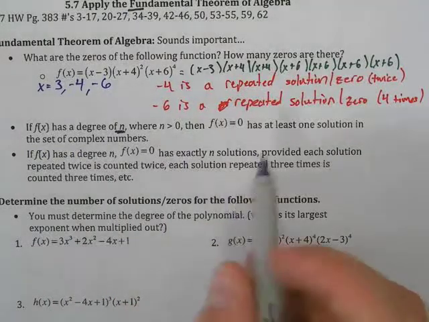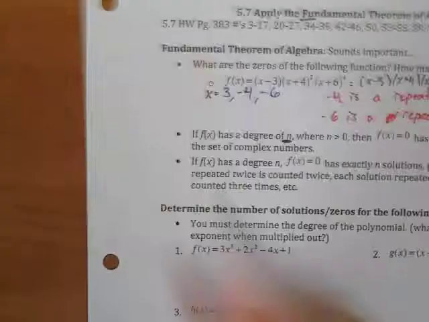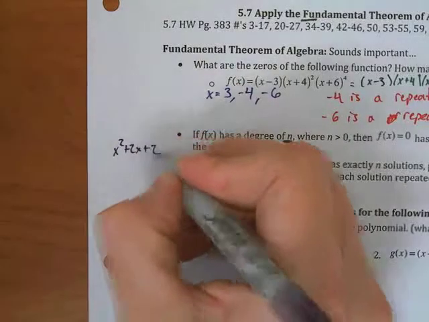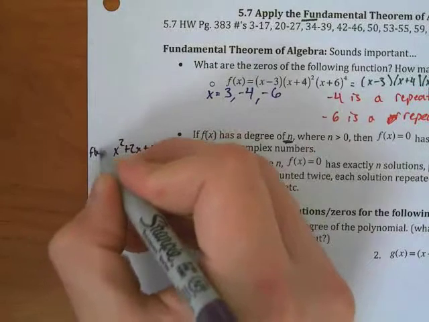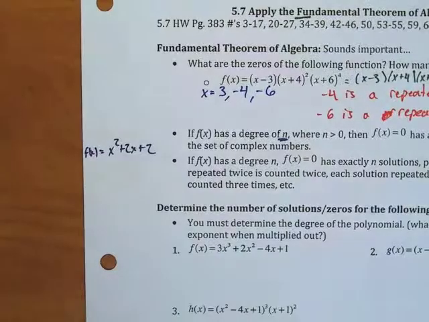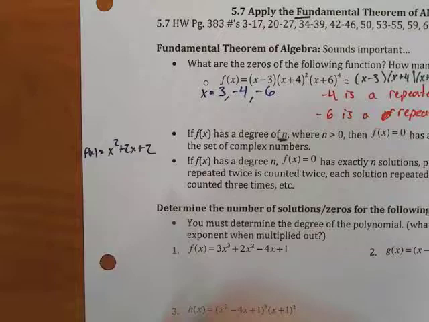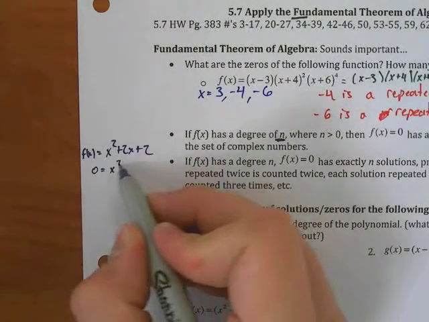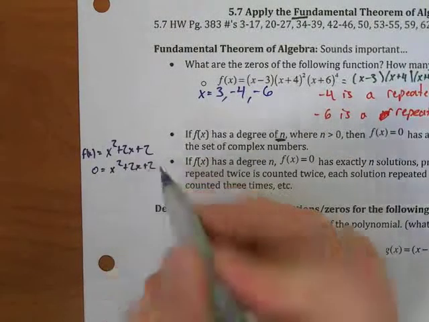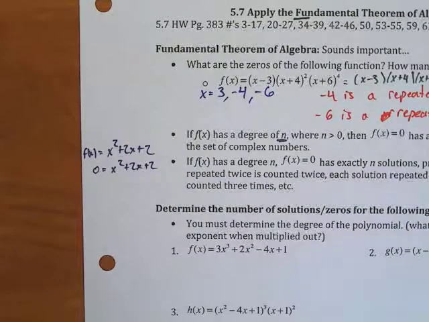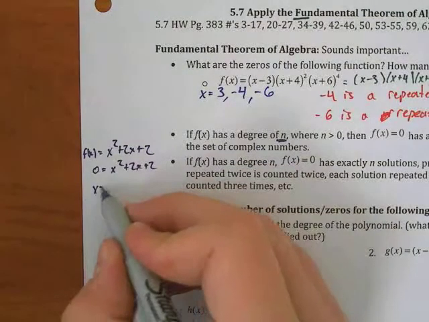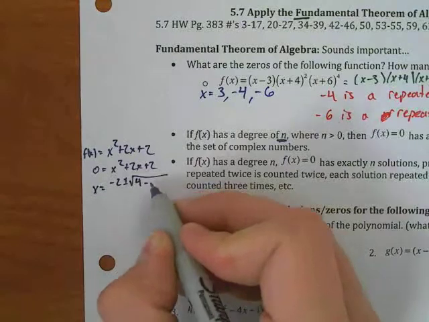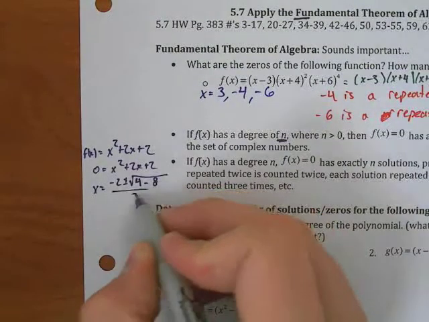Let me give you a quick example here. x squared plus 2x plus 2. This function has a degree of 2. 2 is the largest exponent. If I were to find the zeros of this function, I could use the quadratic formula. -2 plus or minus the square root of b squared minus 4ac all over 2a.